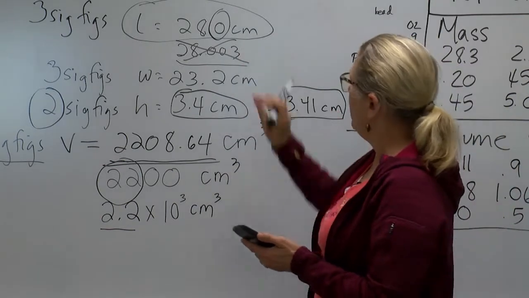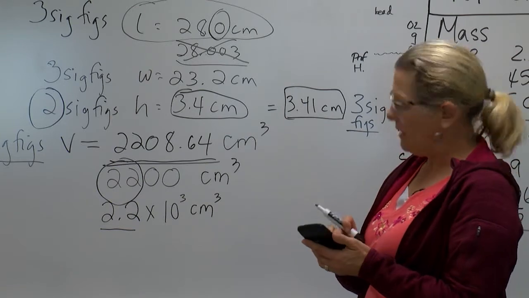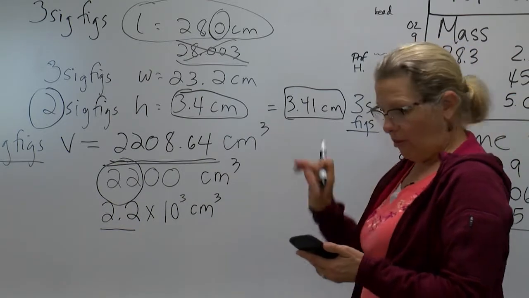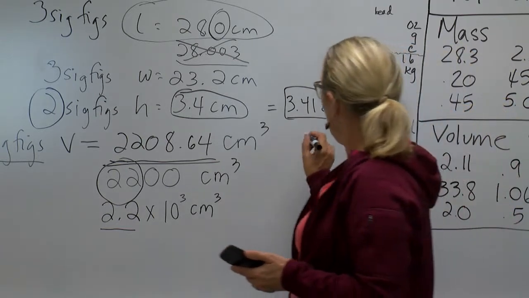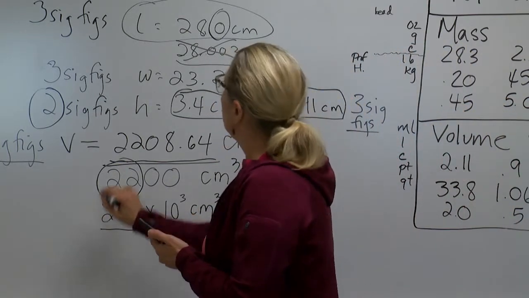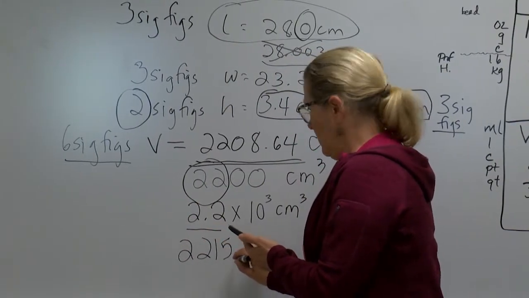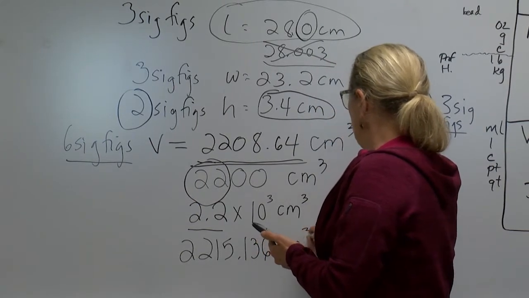So we've got the 28.0 times 8.0 times 23.2 times 3.41. That gives us an answer of 2215.136 centimeters cubed.